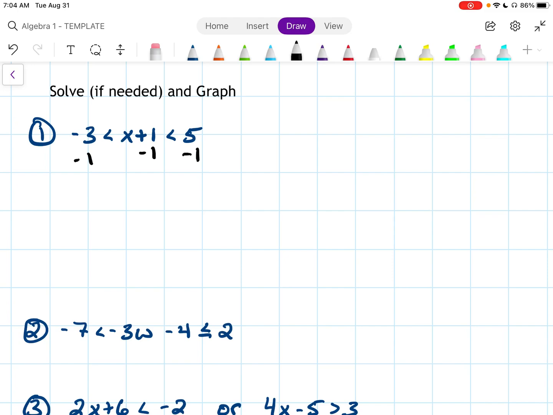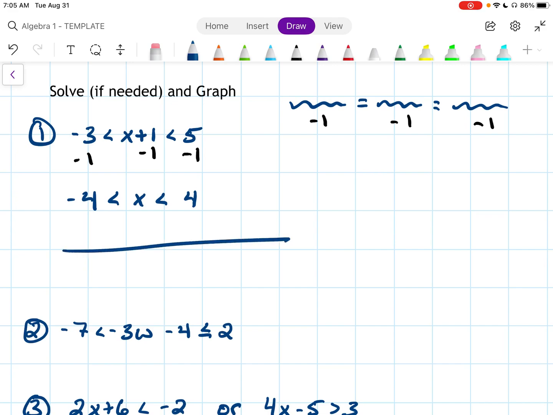Right? Because we can kind of see there's like 3 different sides, right? We have something here, then a symbol, something here, a symbol, something there, right? And what I'm saying is that if we subtract from the middle, we have to subtract from both edges as well. So whenever I subtract that, I get -4 is less than x is less than 4.